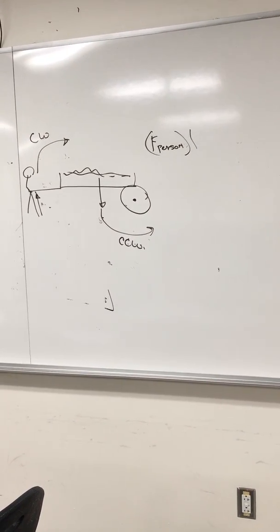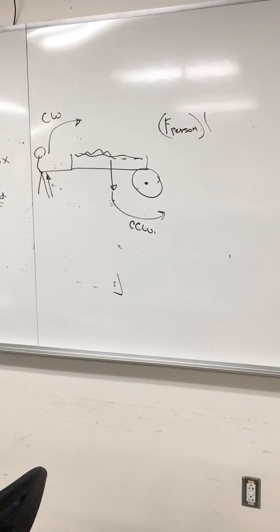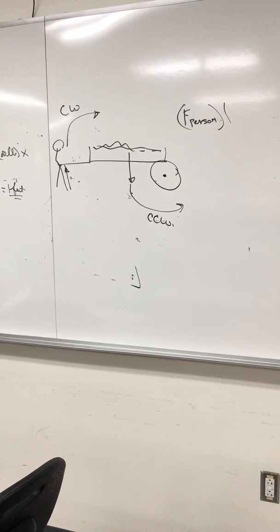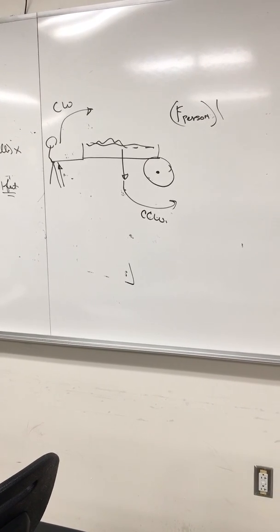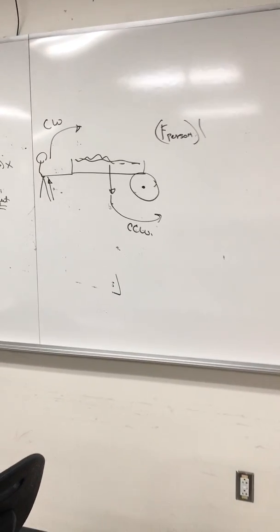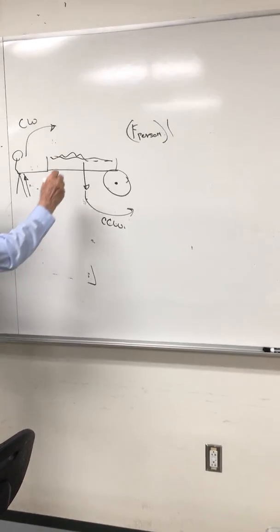A wheelbarrow is an example of a second-class lever. The fulcrum of a 10-kilogram wheelbarrow is located at the wheel. The wheelbarrow holds 25 kilograms of rocks, and the center of mass of the wheelbarrow plus rocks is 0.5 meters from the wheel. So this distance right here is 0.5 meters.